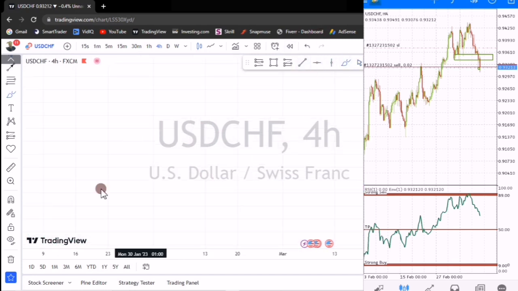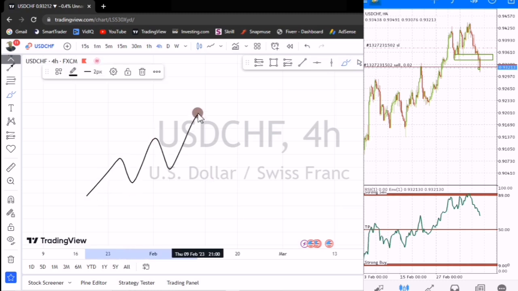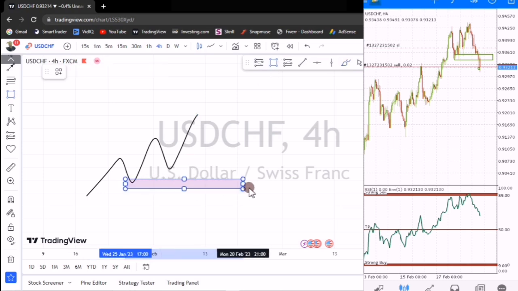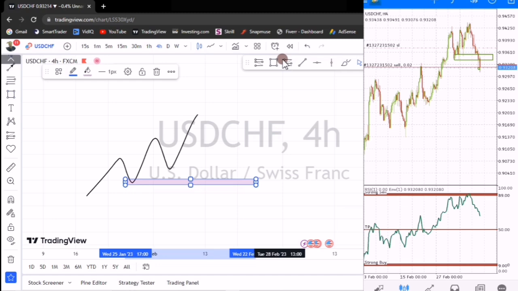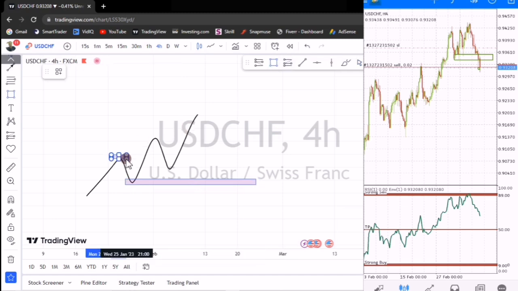Whenever price is moving up like that, these pivots are your key levels. This is a key level right here. At this pivot, it's a key level, such that when price closed above this key level right here, you would take a buy.